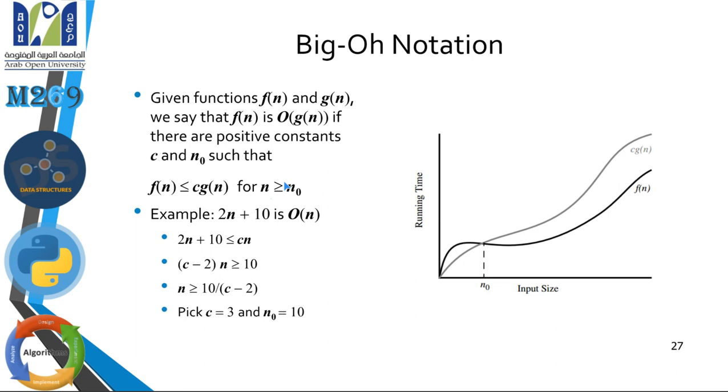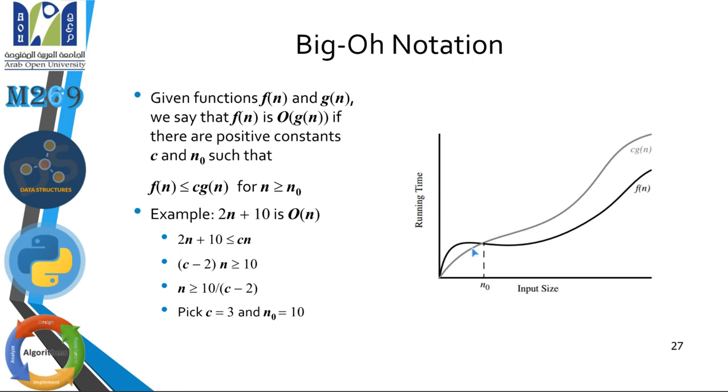What does this mean? It means that the growth of the complexity of g(n) is bigger than or equal to f(n). So c times g(n) is always bigger than f(n) for all values of n that are greater than n0.